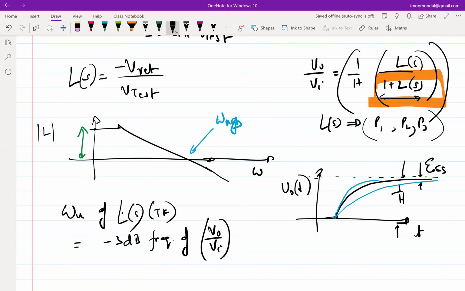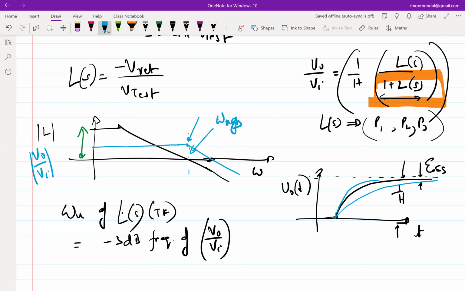So if I plot V0 over Vi here, this used to happen in the first classes. If I plot V0 over Vi over here, I should get something like this. So the minus 3 dB frequency of V0 over Vi is exactly equal to the omega UGB of the open loop system for a first order system.